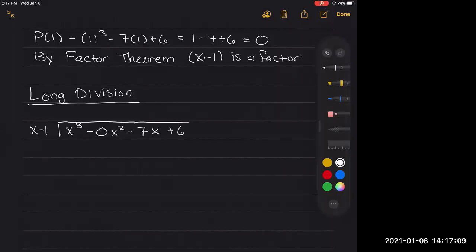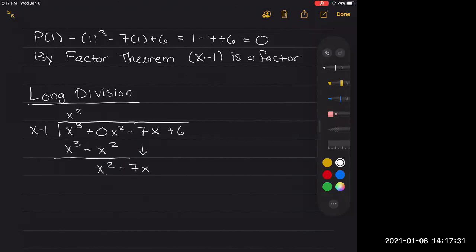All right, so x cubed divided by x is x squared. And then we're going to multiply that through, and we get an x cubed minus x squared. And then we're going to subtract, and we get a positive x squared, and bring down the minus 7x.